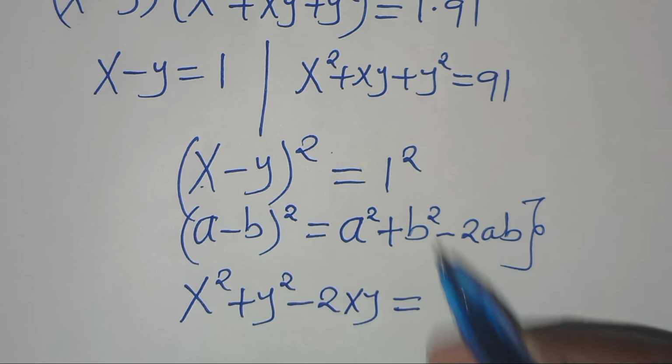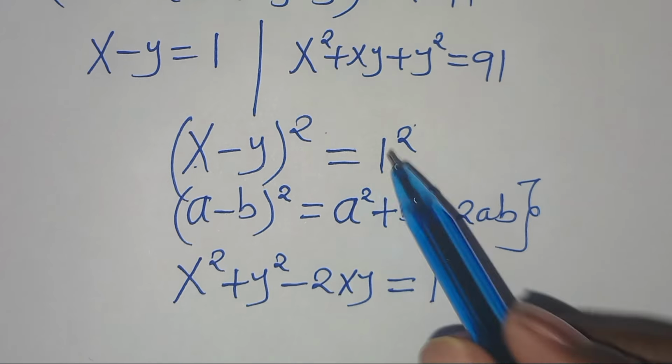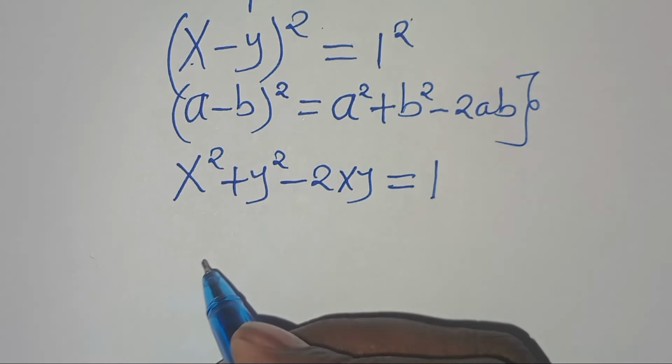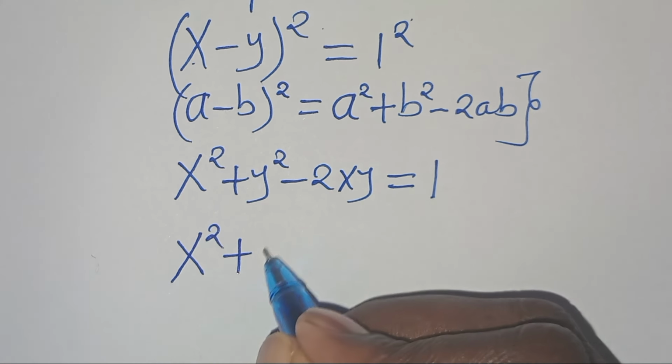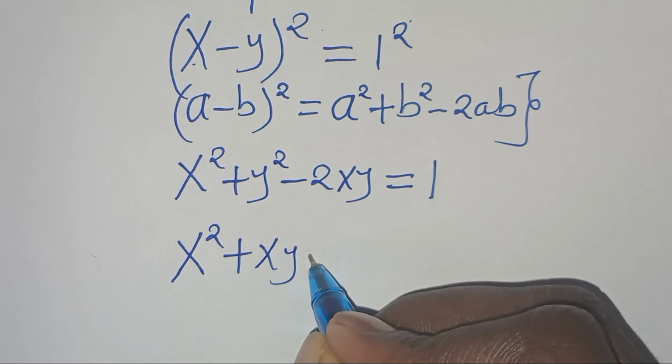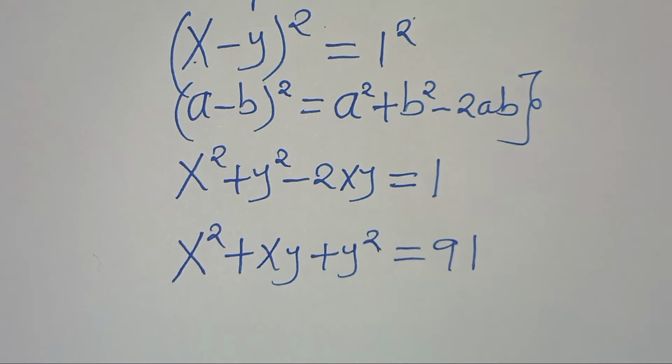This is equal to 1 squared, which is 1. So given that here we have x to the power of 2 plus xy plus y to the power of 2, this is equal to 91.